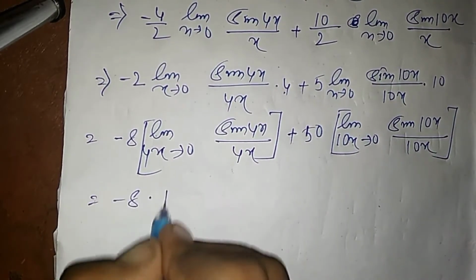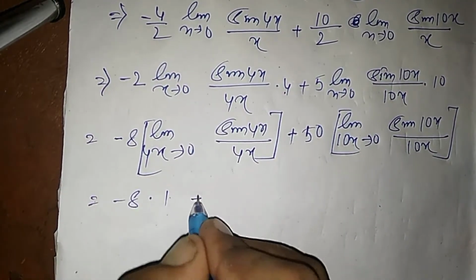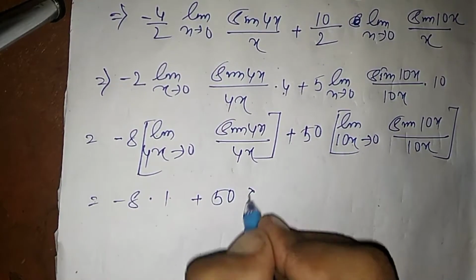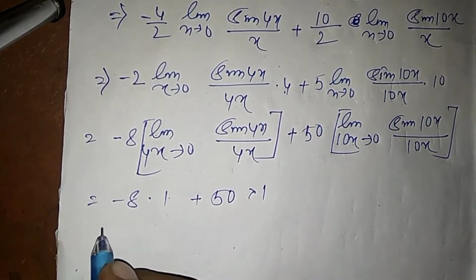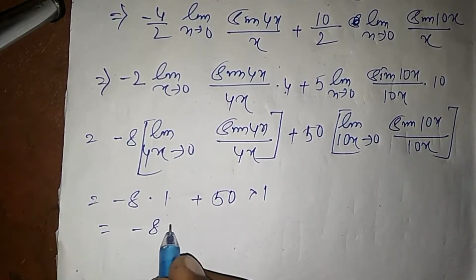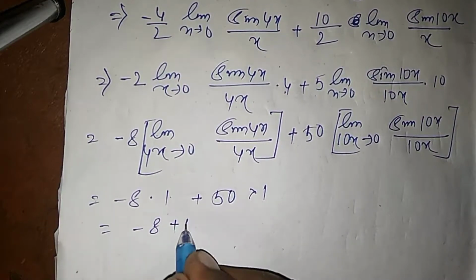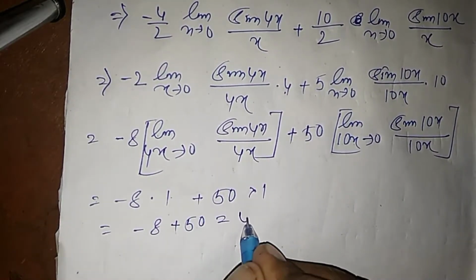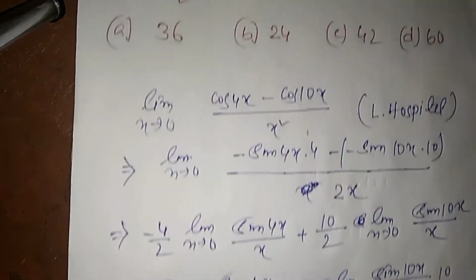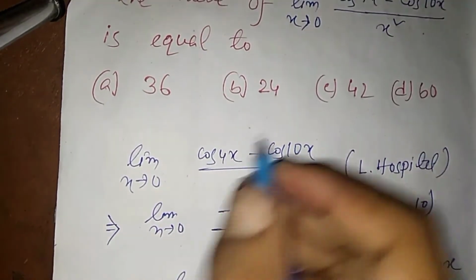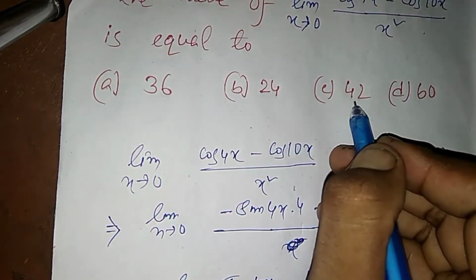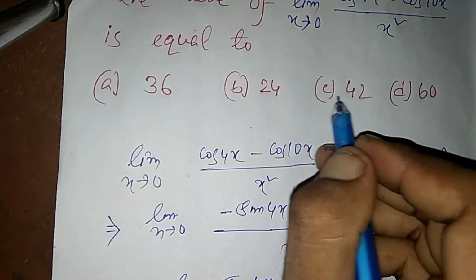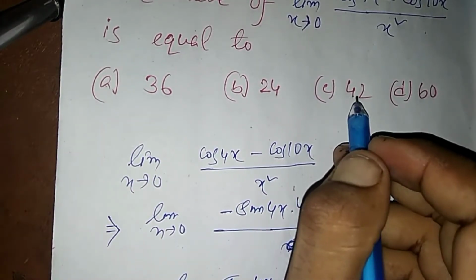So 8 into 1 plus 50 into 1. So we find the result is 8 plus 50 equals 42. So the answer is 42.